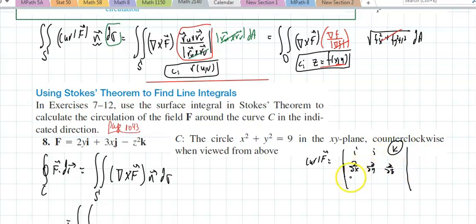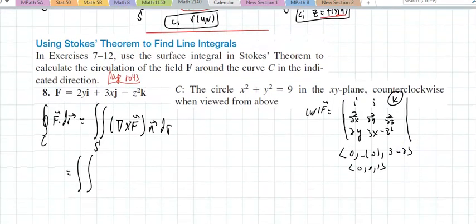If I take my vector field, which is 2y, 3x minus z, I'm going to get in the i direction a 0, in the j direction, negative 0, a 0 as well, and in the k, a 3 minus a 2, which is 1. So I got 0, 0, 1. What a coincidence. So curl of F is 0, 0, 1.